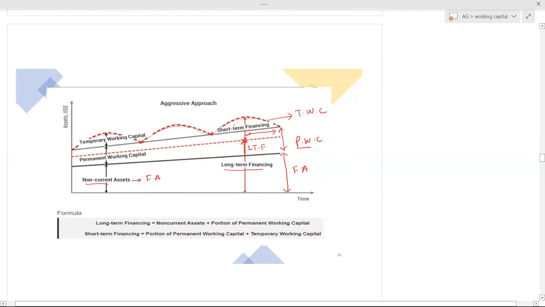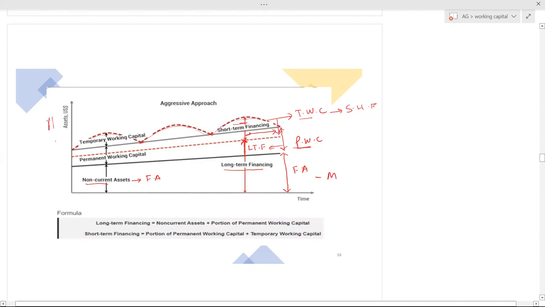Okay, so this is temporary working capital, you're using short-term funds to buy that, but you're also using some short-term funds to buy some permanent working capital. So that is why, matching is there in this part, but you will see that short-term funds are also being used to buy the permanent working capital, so it is violated.